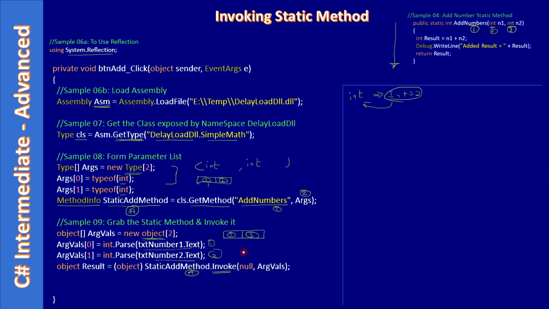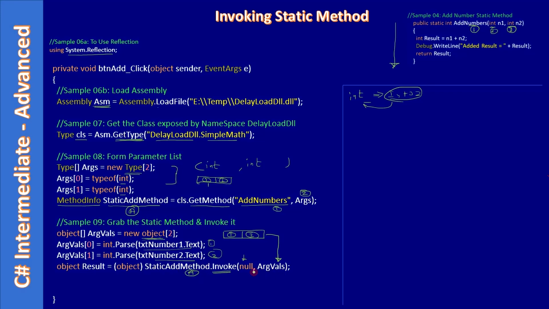For the invoke, the first parameter is null because an object is not required here. Since it's a static method, we are passing null. Then the argument value: we already have the arg value and we are passing the populated argument here.